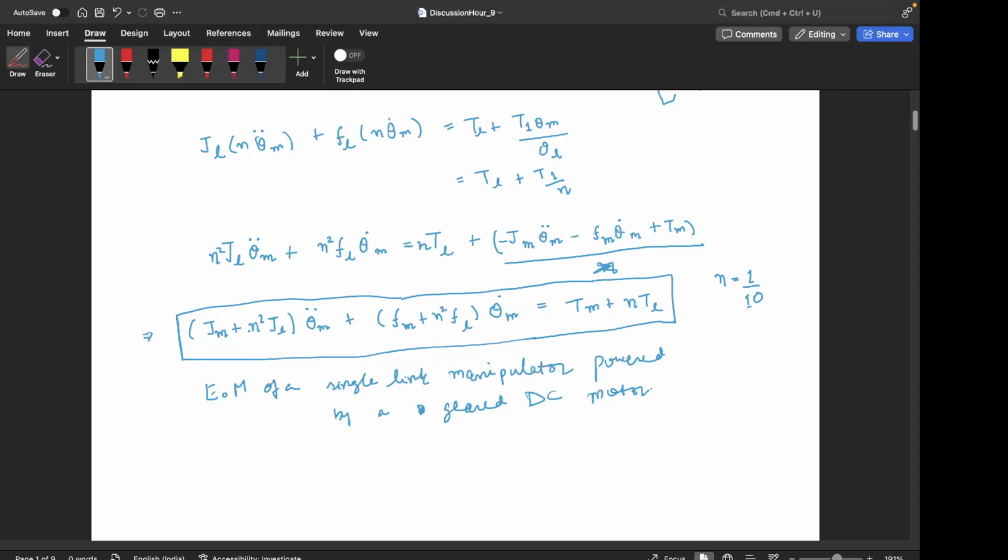So basically the effect of changing the inertia or application of load on the output link is diminished by this gear train, right? So that is one additional insight that we get when we derive the equation of motion.